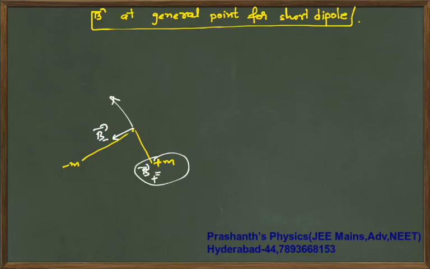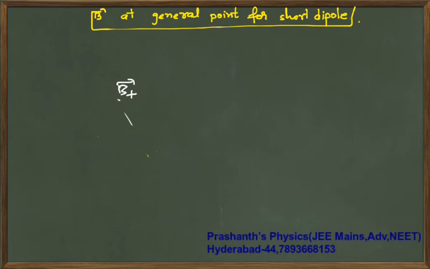Sorry, repulsion, B positive is this way. Add this in terms of i cap and j cap and then get the resultant. It appears as if it is easy, but this length, that length, considering geometry, everything becomes very complicated. So that is why we define at some general point for short dipole.